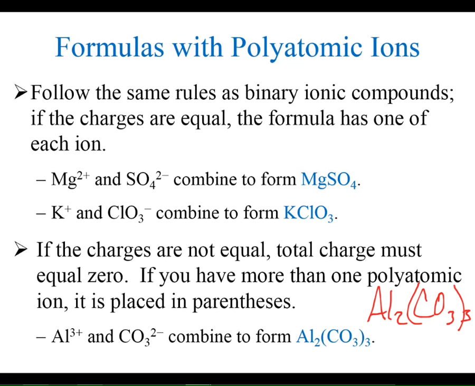How do I make this a 6 plus? 2 of them. How do I make this a 6 plus? 3 of them. And then the 3 that's on the oxygen, is that what goes on the outside with the parentheses? No, I need 3 of those 2 negatives. So I need 3 of that whole thing. Oh, 3 of the whole thing. Okay. 3 carbonates, 3 CO3s.